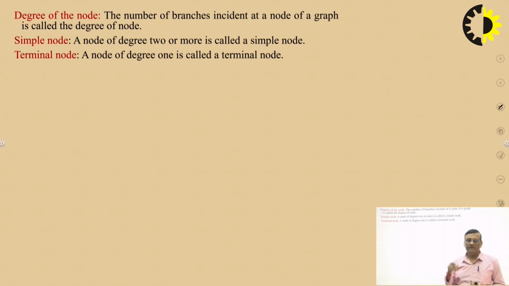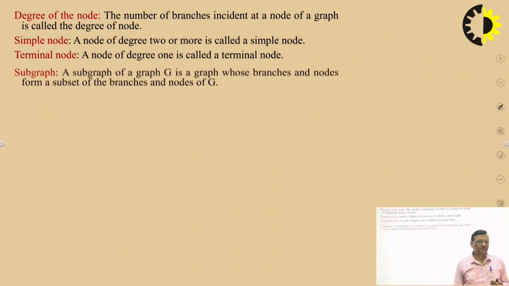If only one branch is incident, then that node is called a terminal node, and if 2 or more branches are incident on a particular node, then that node is called a simple node. These are the definitions of degree of node, simple node and terminal node.